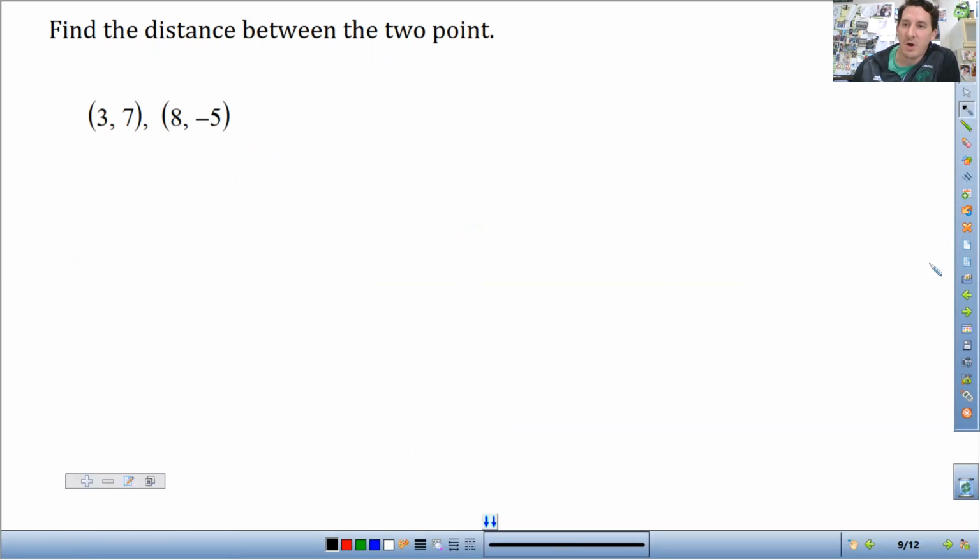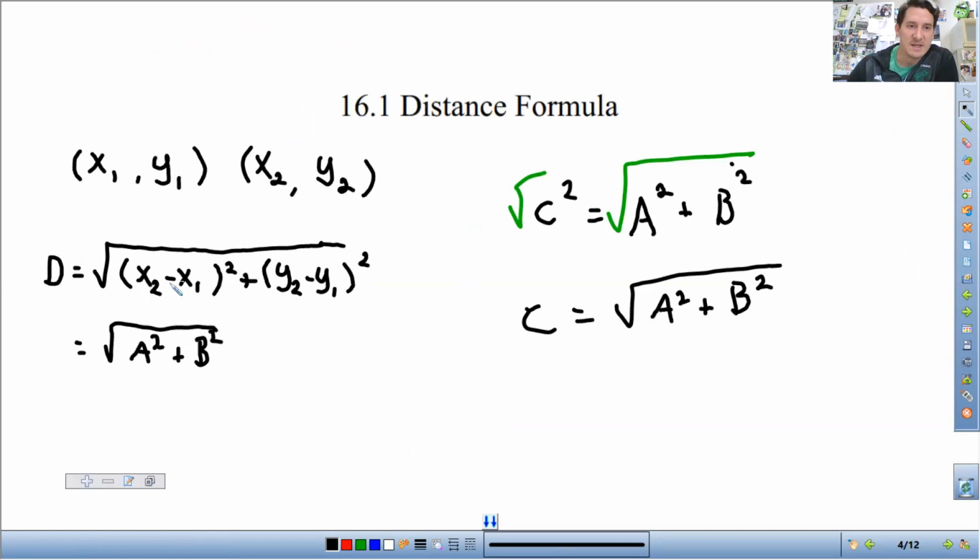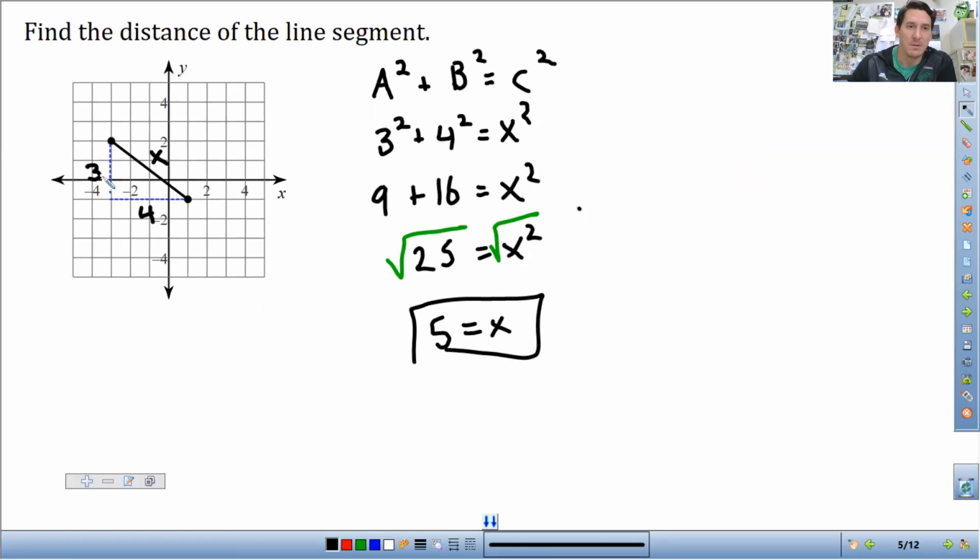So if we recall the original distance formula, and this is going to help us, the distance formula is just the difference of the x coordinates squared plus the difference of the y coordinates squared. So the A and B: A is how far up and down it goes, so that's the distance in the y direction.